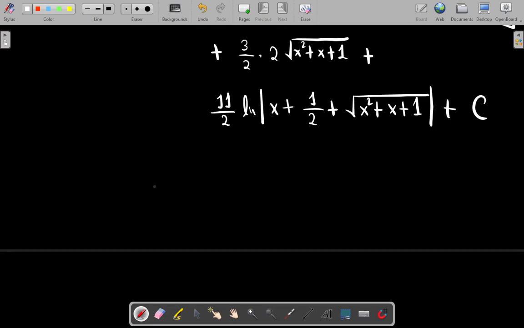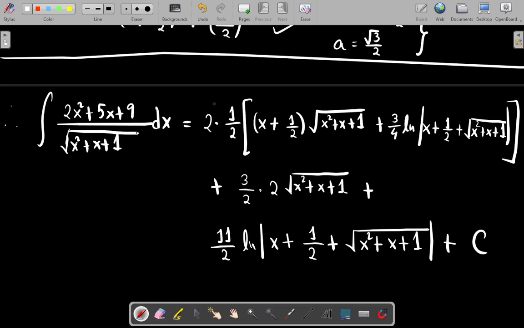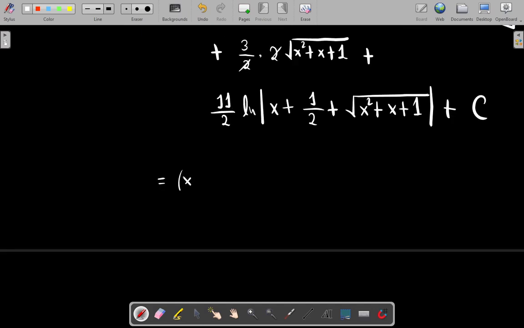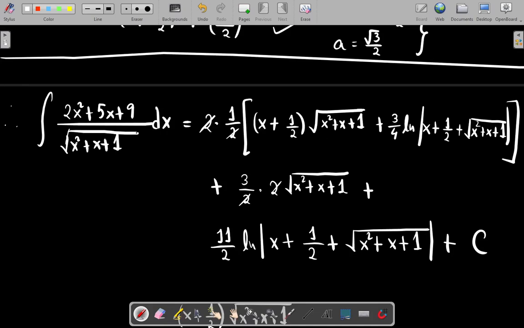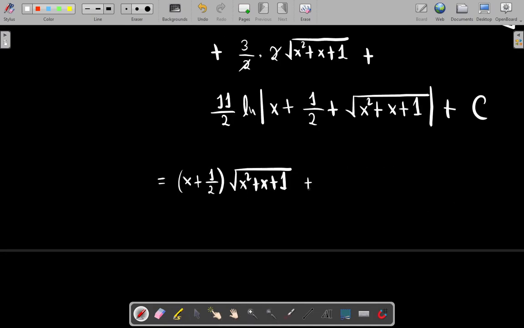Now if we start simplifying them, this 2 and this 2 will cancel each other, and then we are left with x plus half times square root of x square plus x plus 1 plus 3 by 4 times log of x plus half plus square root of x square plus x plus 1.